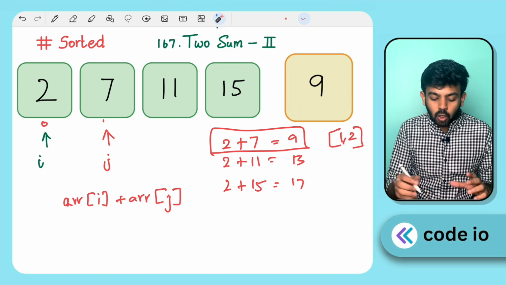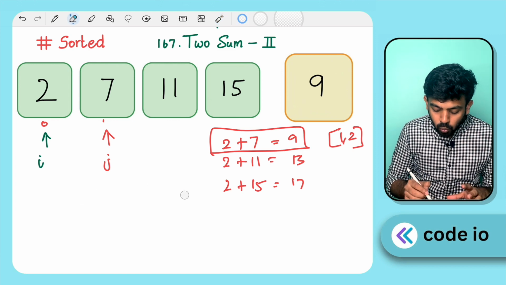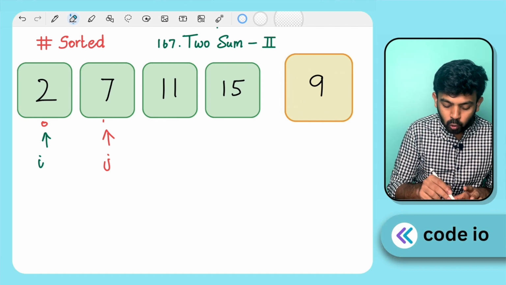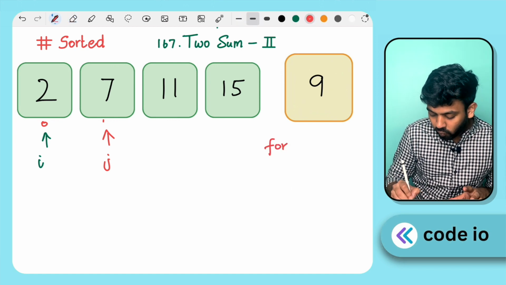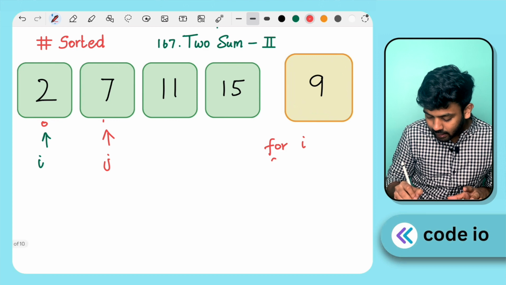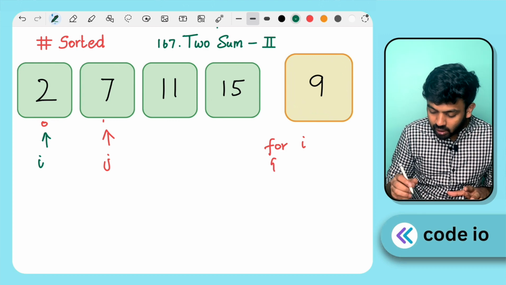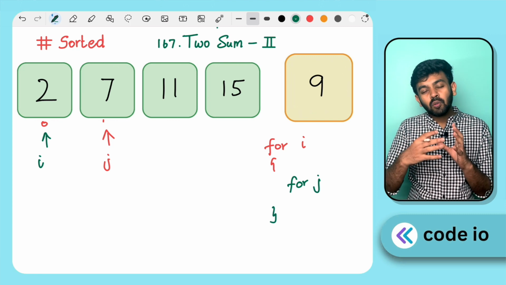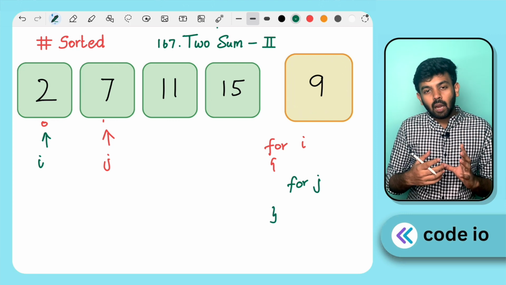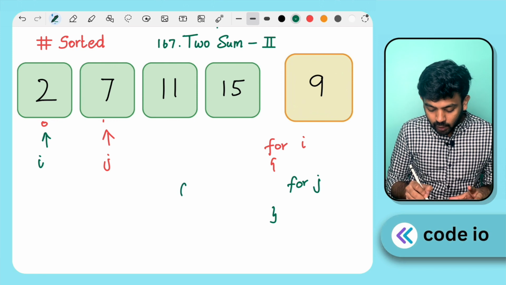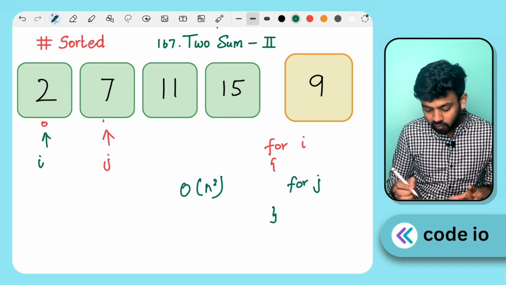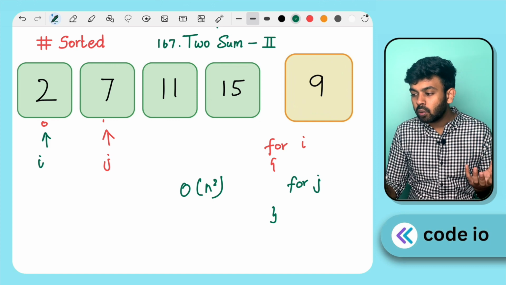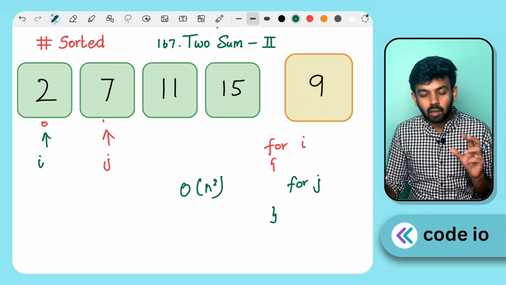So you would have two nested loops: the outer for loop for i, and inside that another for loop for j. If we use two of these loops, the time complexity that you would end up with is order of n squared, but we are required to solve it in order of n.